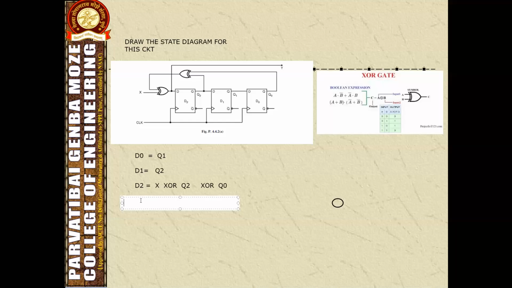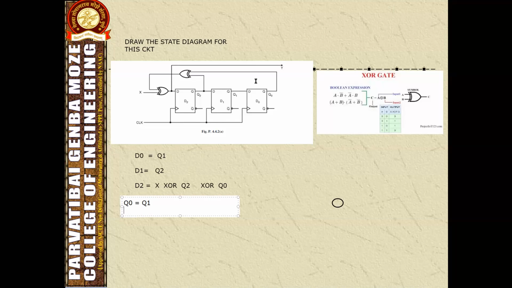Similarly, we have to write the equation for the outputs also. First, output Q0: whatever information comes from Q1 is simply forwarded to Q0, so Q0 is simply Q1.